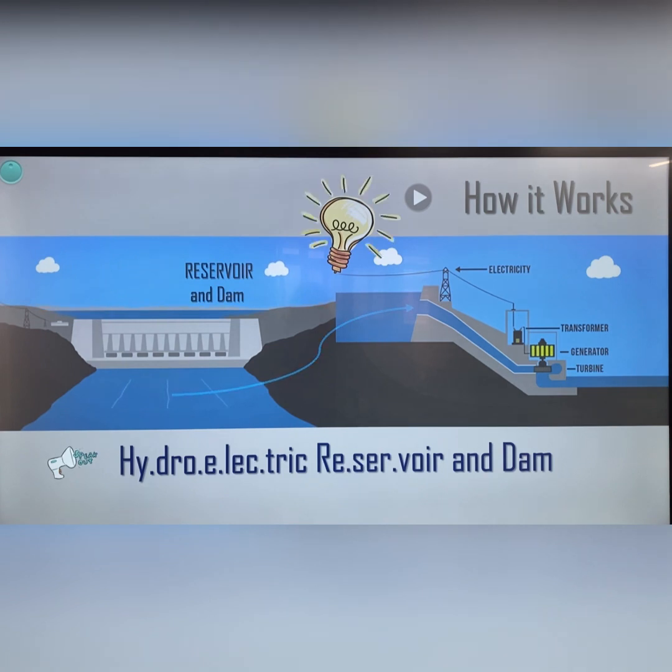All right, let's try and read this and say it together. Hydroelectric reservoir and dam. Now, let's see how this works.